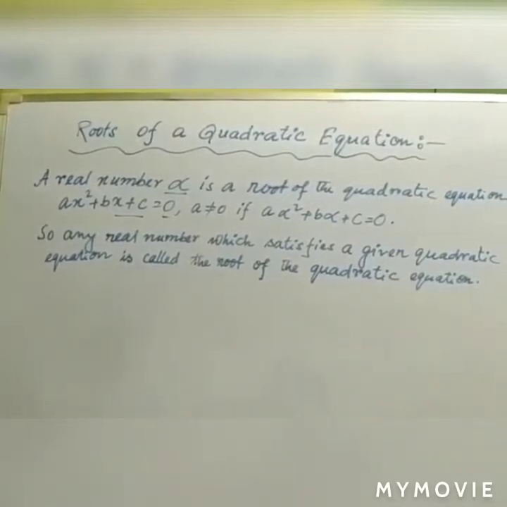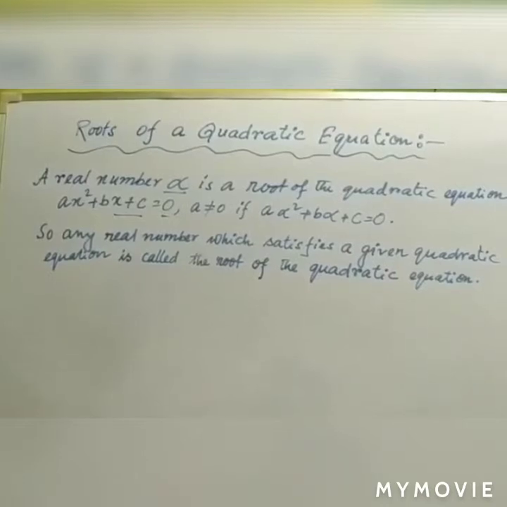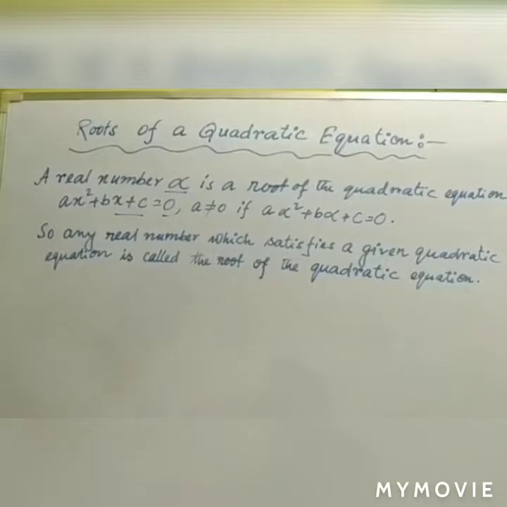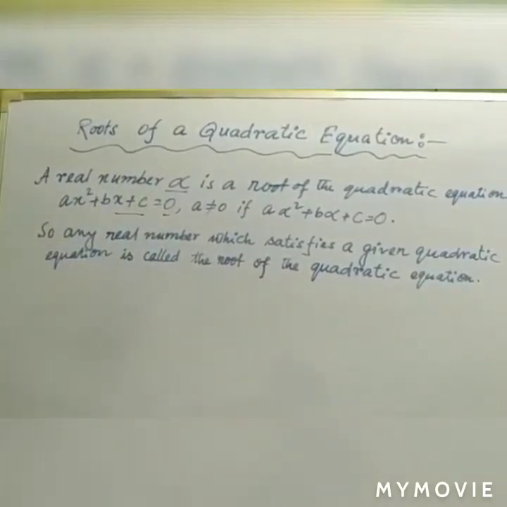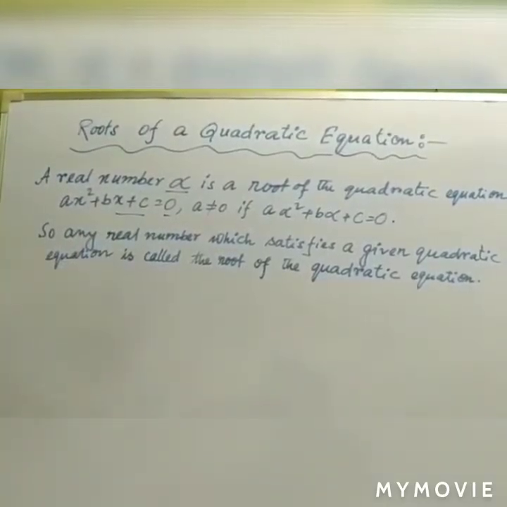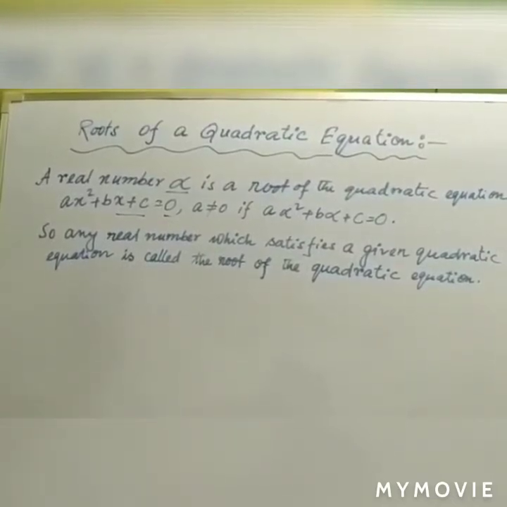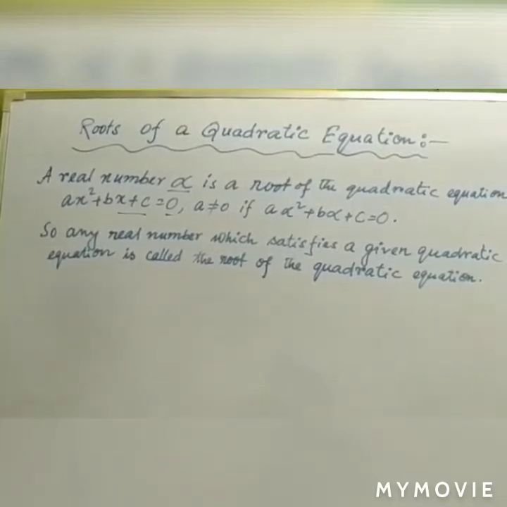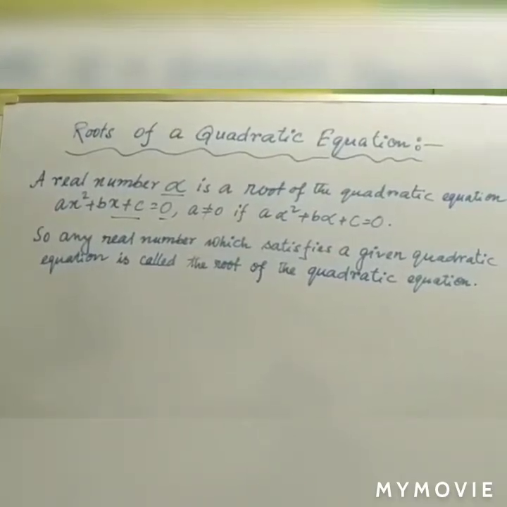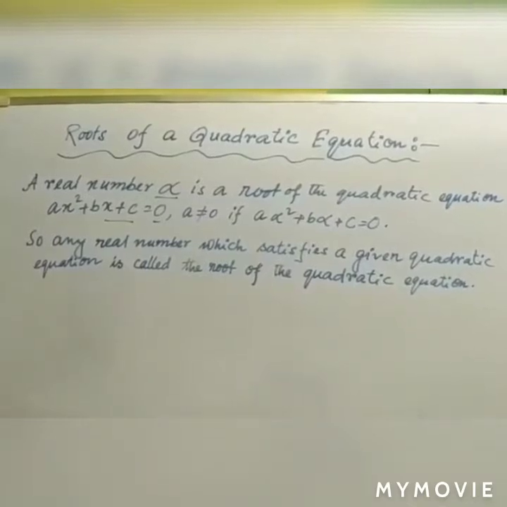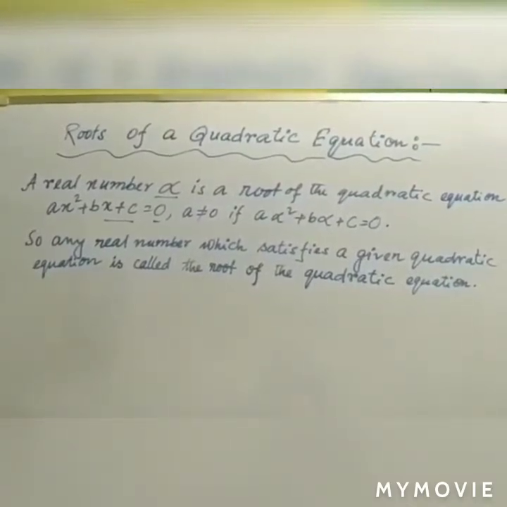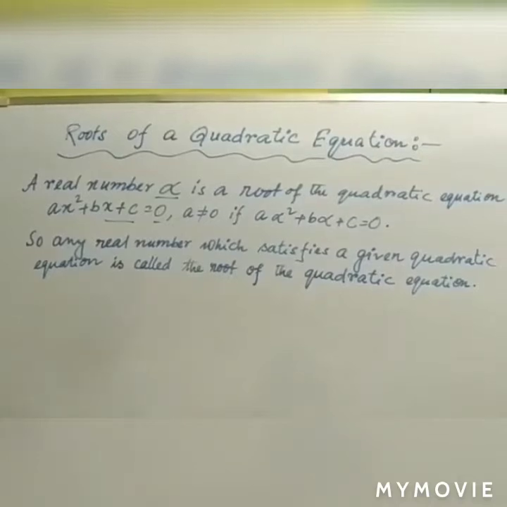Therefore, any real number which satisfies the given quadratic equation is called a root of the quadratic equation. As we learned in the polynomial chapter, if x equals alpha satisfies the polynomial p(x), that is p(alpha) equals 0, then alpha is a zero of p(x).